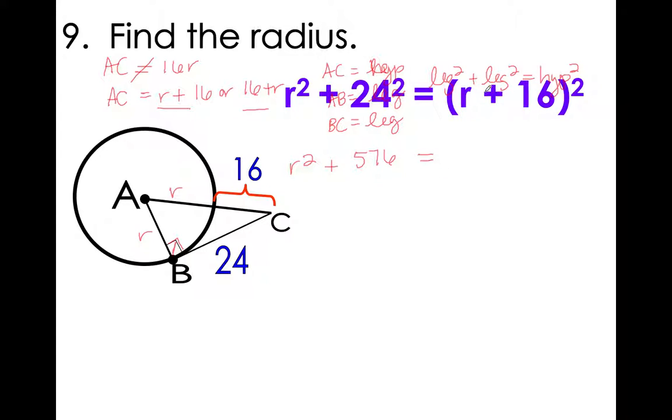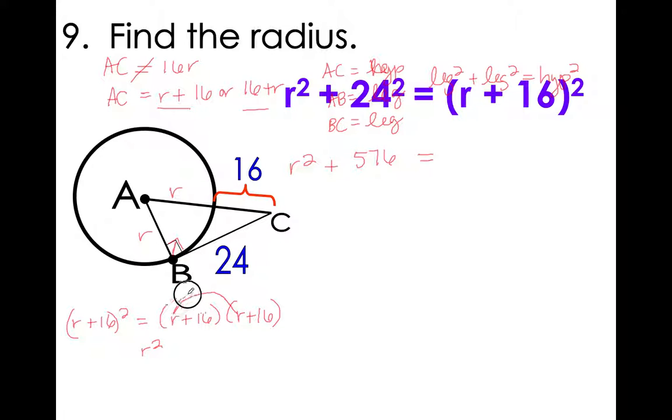And now we have to make sure we understand this. Understanding this basically means that when I have (R + 16) squared, I'm talking about (R + 16) times (R + 16). When I do the FOIL method or distributive property, I have R times R, which is R squared.